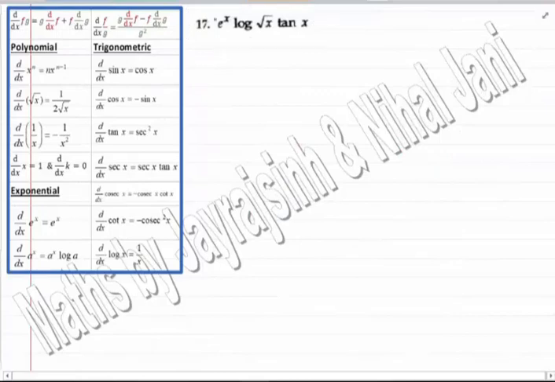Now we reach question number 17. Y is equal to e raised to x into log root x, which can be written as x raised to 1 by 2, right? And the third term is log x. Now here we should simplify the second term, log x raised to 1 by 2, right? And for that we need the property of log.